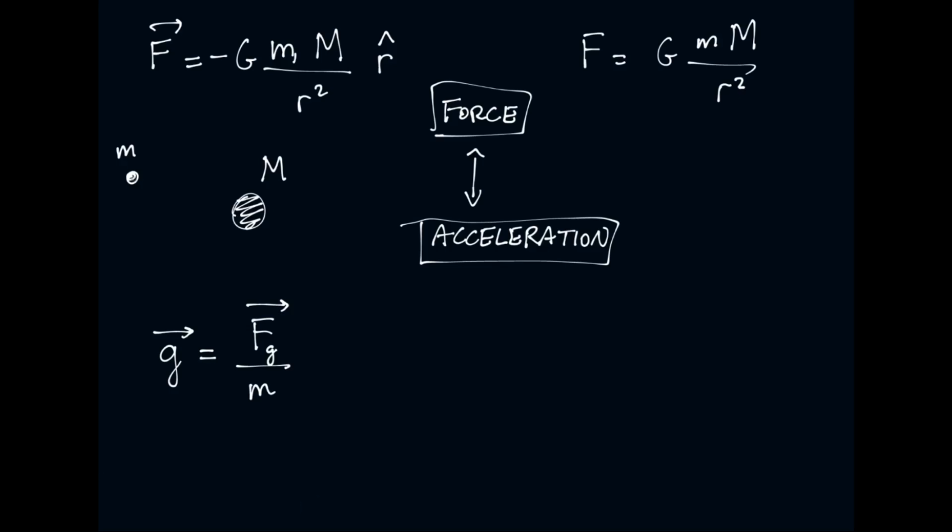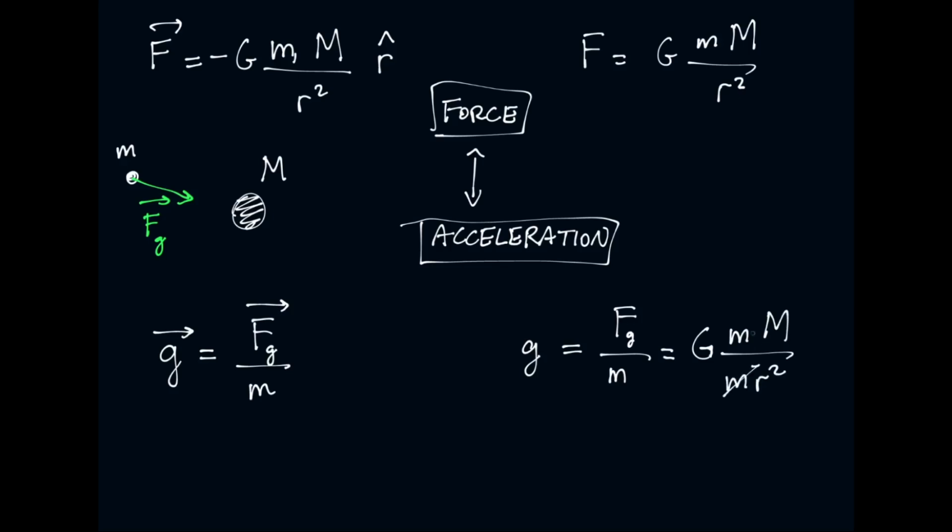So I would take this force and divide it by the value of the mass itself. What is the magnitude of this acceleration of gravity? Well, it's the same, Fg divided by m. And so in this case, it will be equal to G Newton, m big M divided by m r squared. So I just cancel m out and rewrite it as G big M divided by r squared.